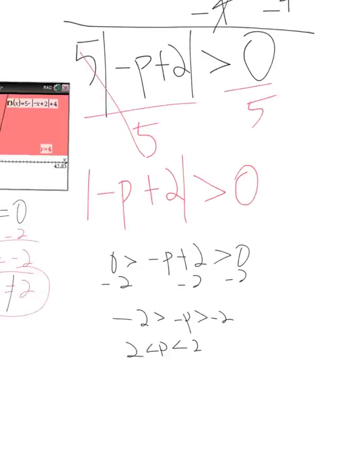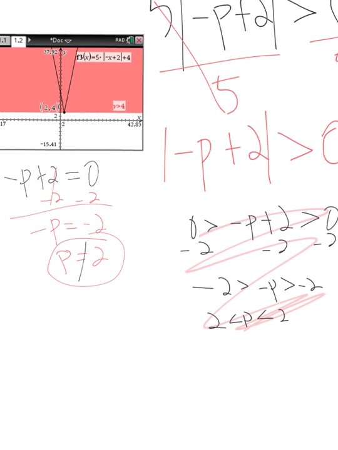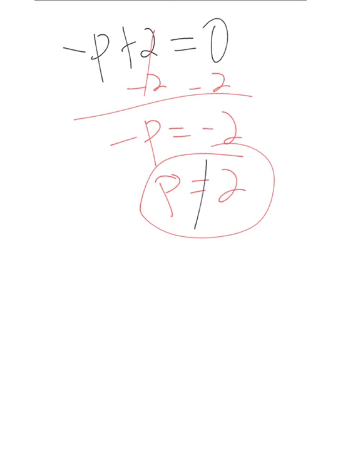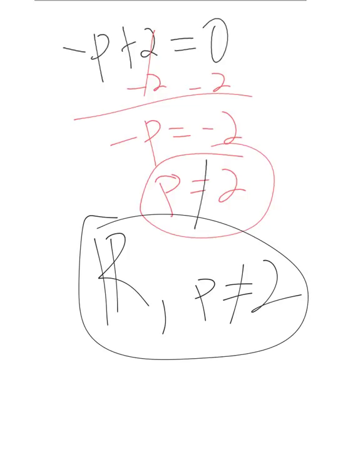So with all this in mind, I'm just going to scratch that out. Let's write our answer. So basically, your answer is all real numbers except p can't equal 2. That's basically what your answer is, right there. Now, how would you write this in interval form?